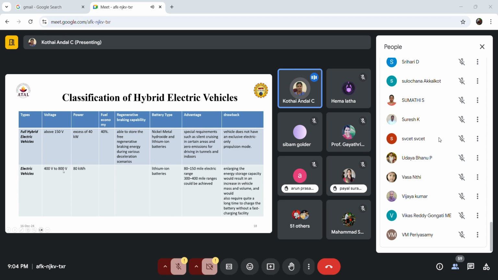Then for this electric vehicle, we have seen the range is 400 to 800 volts, as Sir also discussed in the first session, around 600 volts, when he explained the structure of this. Then power, we can go up to 80 kilowatts. The batteries, nowadays all the cars are made of lithium-ion batteries, right? The mileage range, if you are looking at kilometers, is 80 to 150.